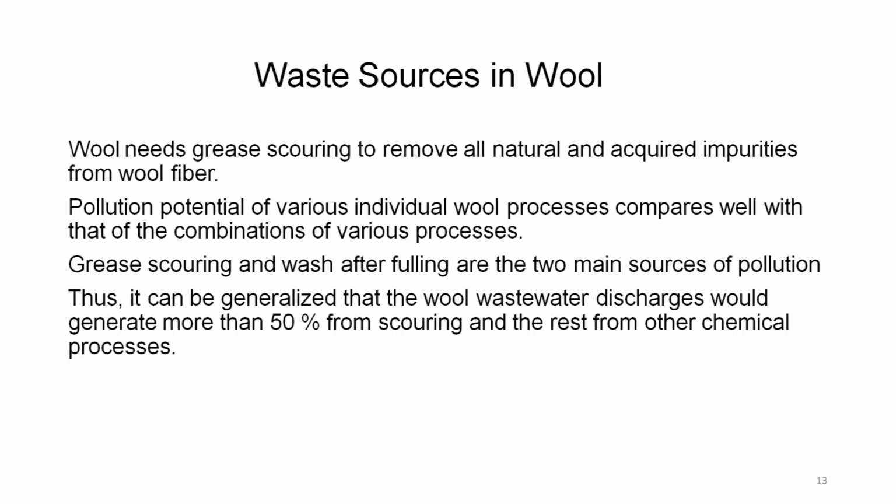Thus, it can be generalized that wool wastewater discharges would generate more than 50% from scouring and the rest from the other chemical processes. So, what it means is that it is not that uniformly all the processes contribute equally.